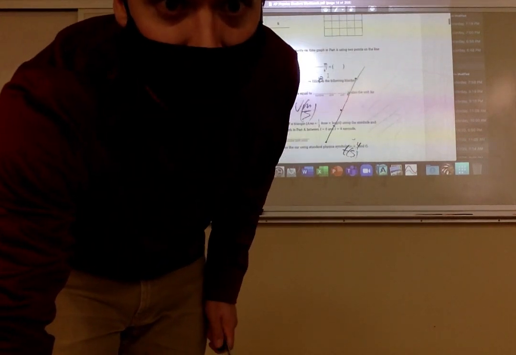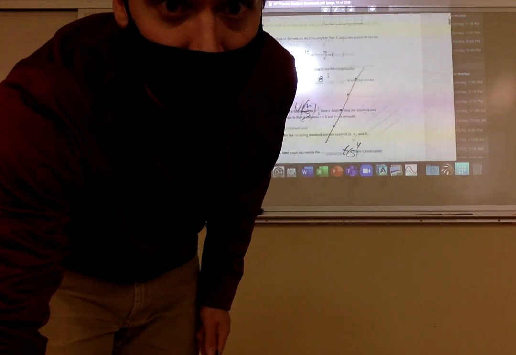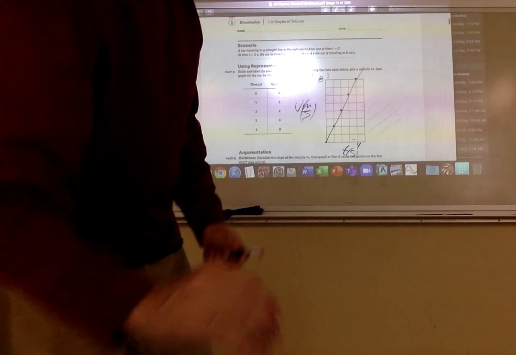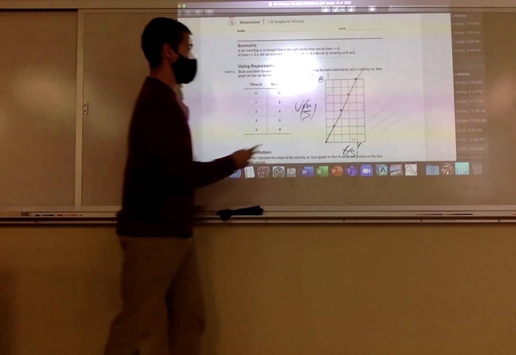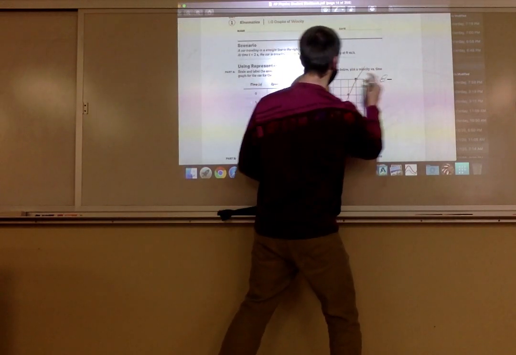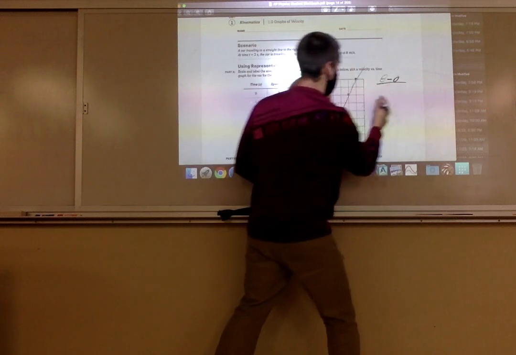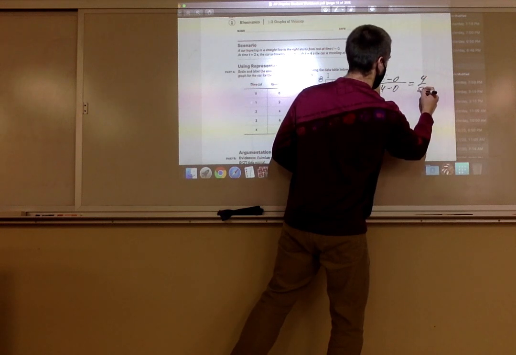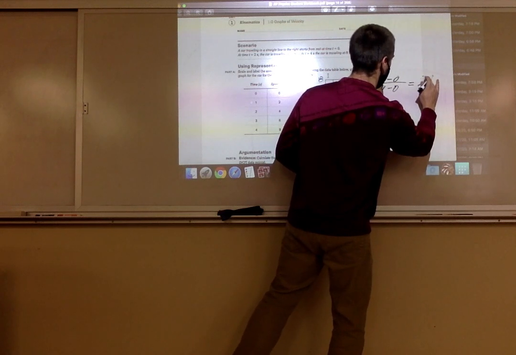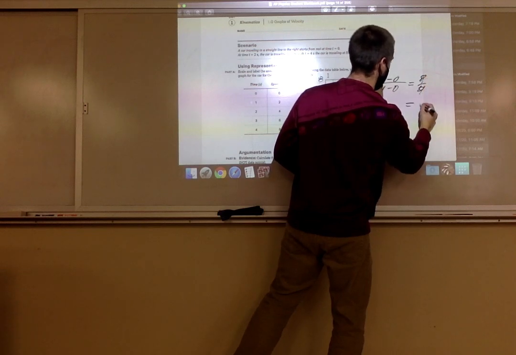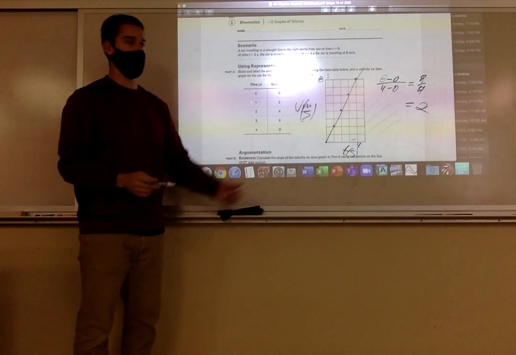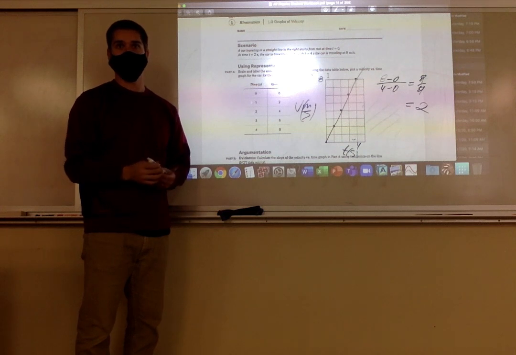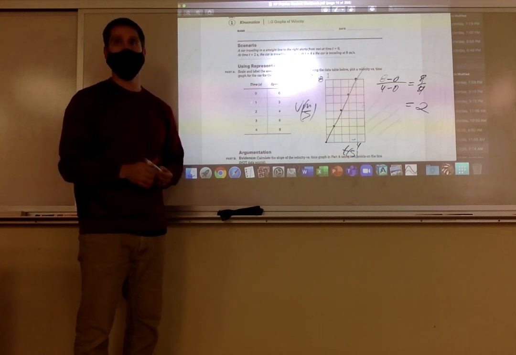What it asked us is, one, the slope, and then the area under the curve. So for the slope, we're going to do, say, rise 8 minus 0. The run was 4 minus 0. 8 over 4. What are the units of this slope? Anybody? Yeah.